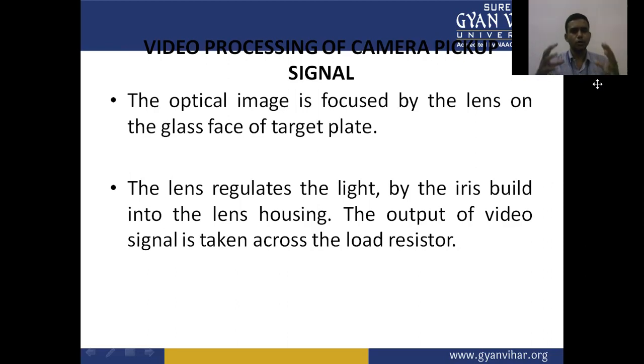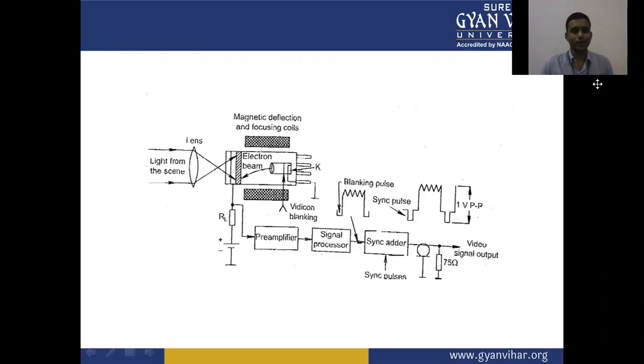The output video signal is taken across the load register. So this is how the image is processed and converted into a video signal by a CCD or any type of camera tube.